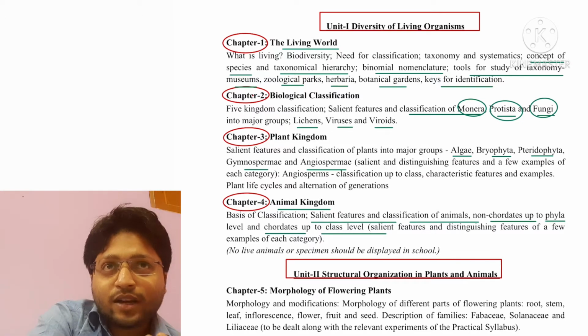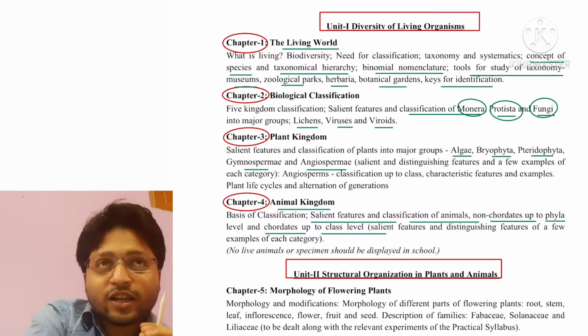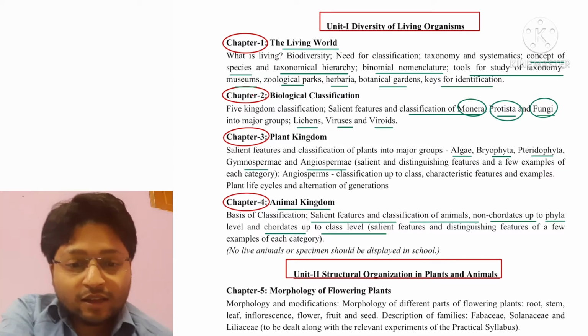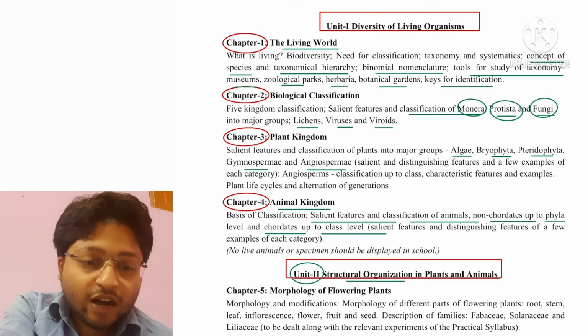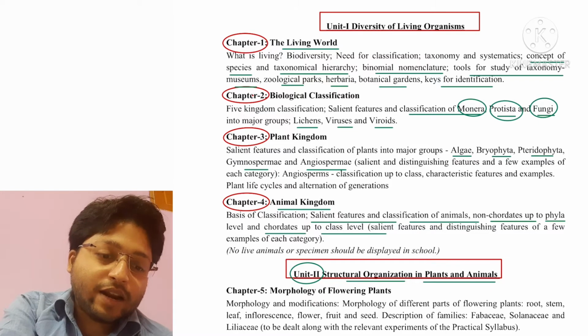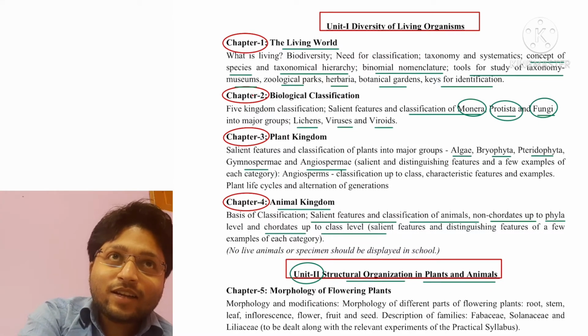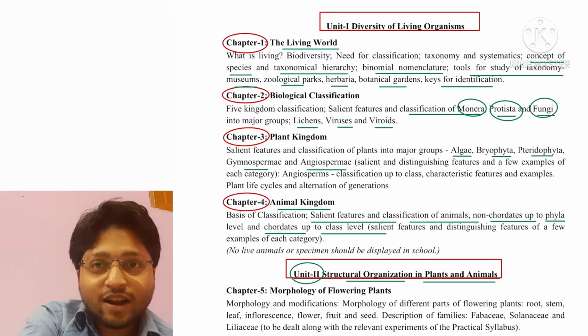Okay, after completing the diversity of living organisms, we will enter the structural aspects. You can see in unit 2 you will learn structural organization in plants and animals. I already mentioned that NCERT arranged the contents so sophisticatedly, right?